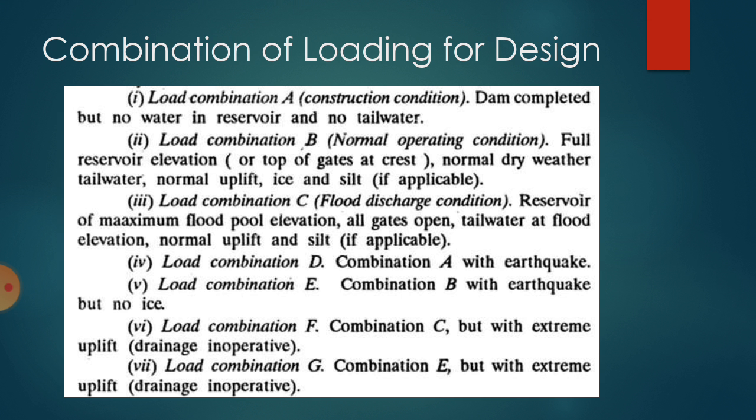Now the last one, the combination of loading for the design. So different load combinations we have to take. For the construction condition, load combination A: dam completed but no water in the reservoir as well as no water on the tailwater.